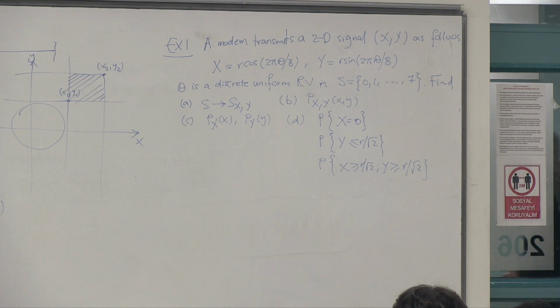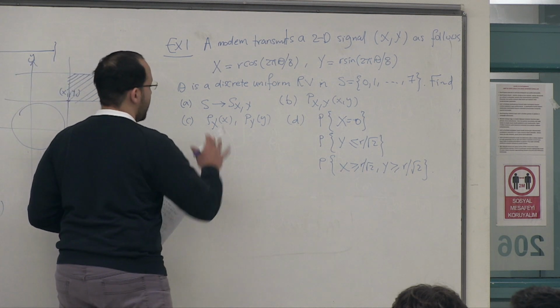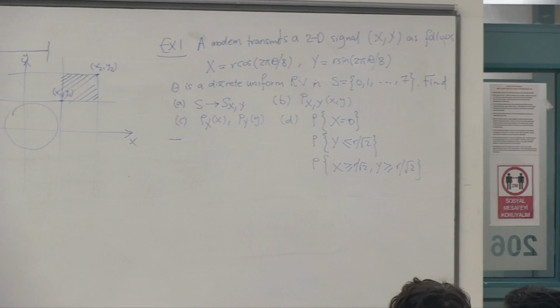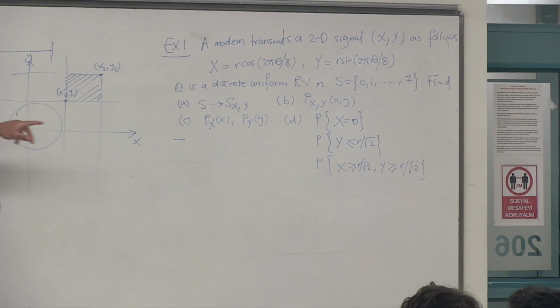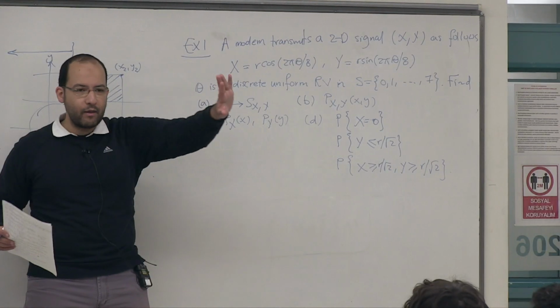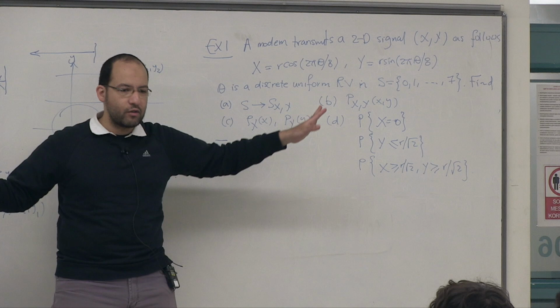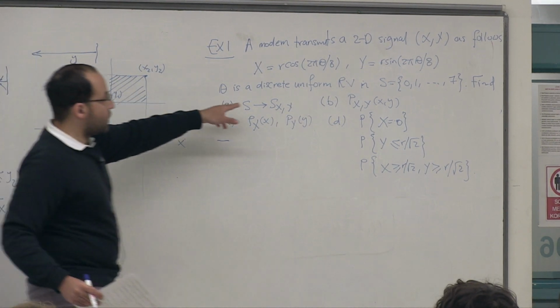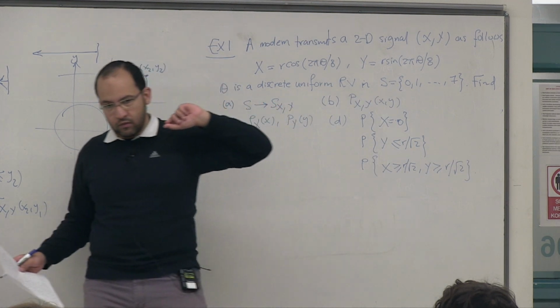So at this moment, we will leave probability for some time and discuss something, and then we will return again. Let's assume that this theta is a continuous parameter. Forget about the whole random variable thing and probability. It's just a continuous parameter. Obviously these two functions are periodic, right?